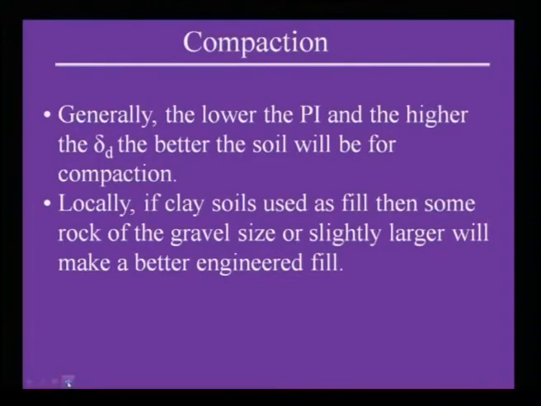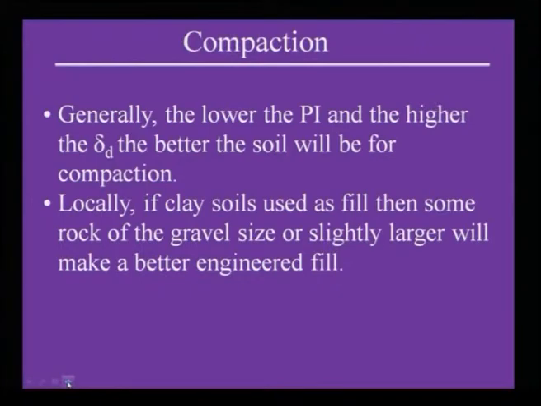That means if soil properties change from place to place, then you can go for more compaction tests or more Proctor tests. Generally, the lower the plasticity index, this is for clay, the higher the relative density, the better the soil will be for compaction.